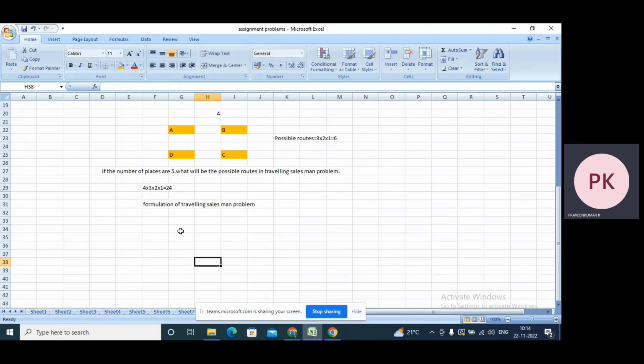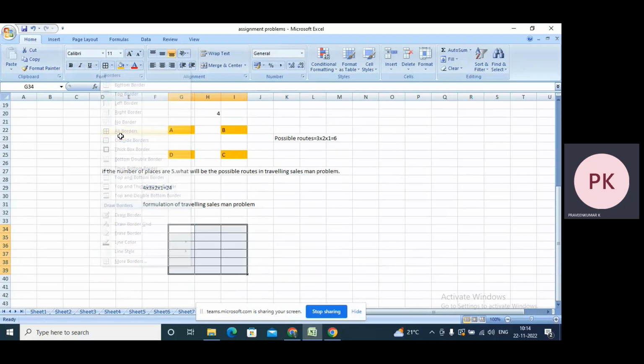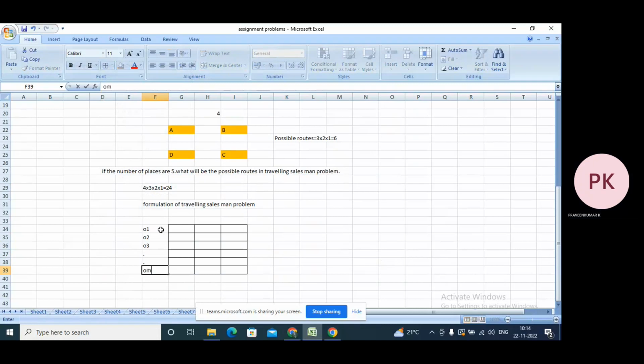Generally, a traveling salesman problem consists of origins and destinations. Let us take O1 as origin 1, and we have O2, then O3, and similarly OM.